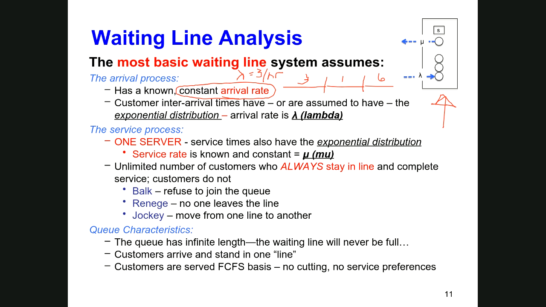And in the fourth hour, we might have 2 customers arrive. So the average arrival rate: we've had 3, 4, 10, 12 over 4 hours. So our arrival rate is actually 3 per hour, but that rate does not change. If this is 8 a.m. and this is 10 p.m., that arrival rate does not change over that period of time.